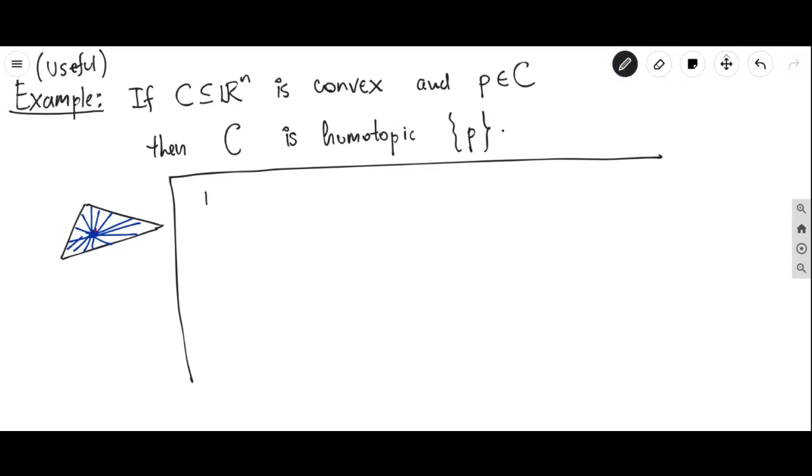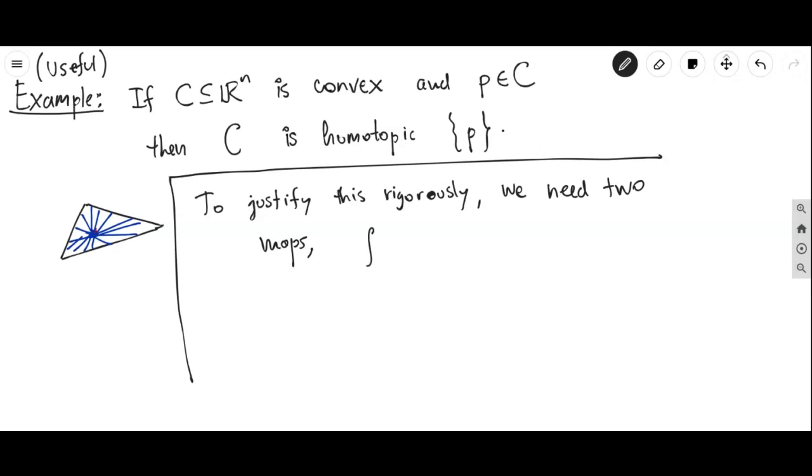To justify this rigorously, we need two continuous maps. One of them is going to map our convex set into this point, and then we're going to have another continuous map that's going to map the point into the convex set.